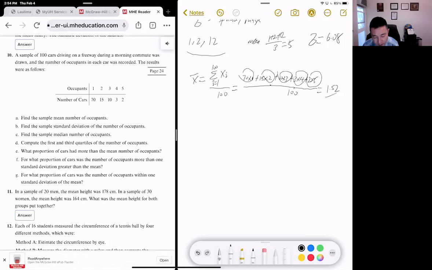Let's continue. B, find the sample standard deviation. The sample standard deviation equation is here.